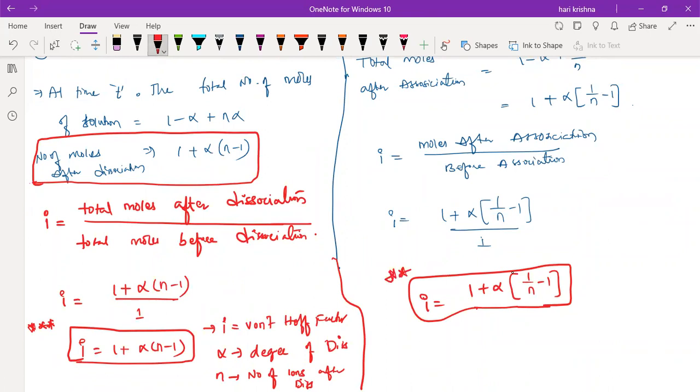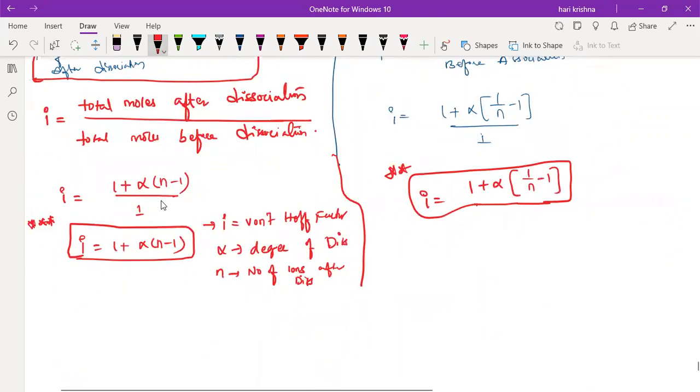What is the difference between these two formulas, the dissociation and association formulas?